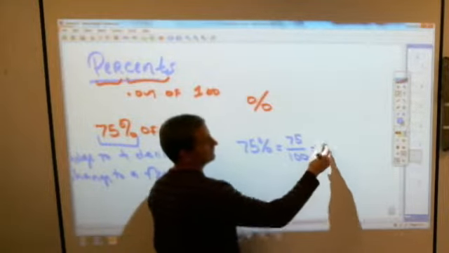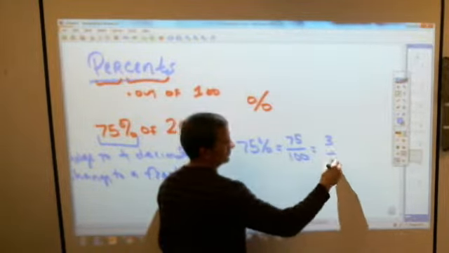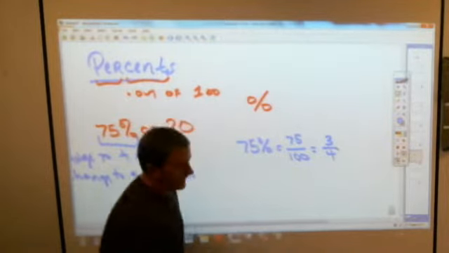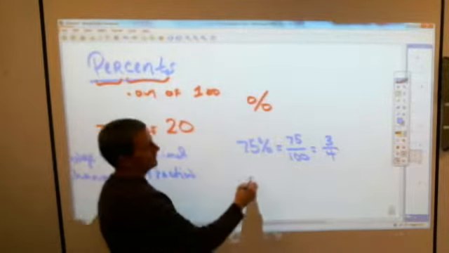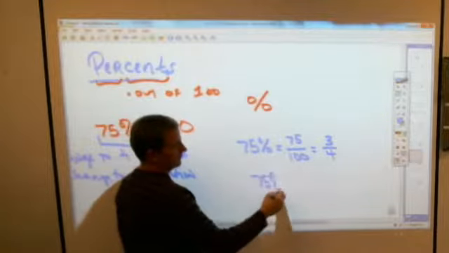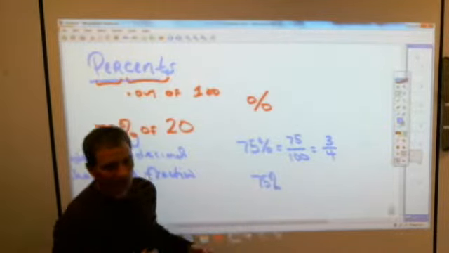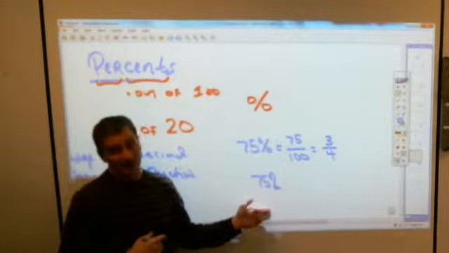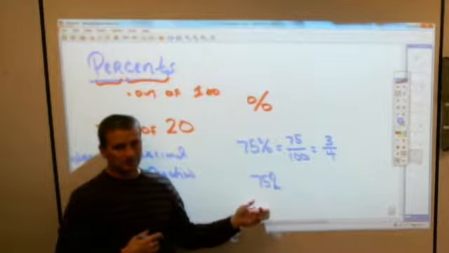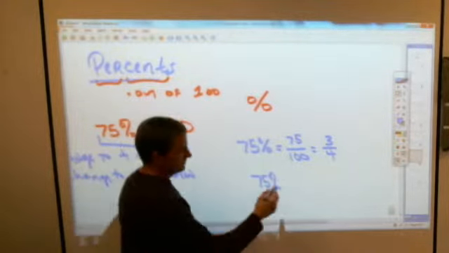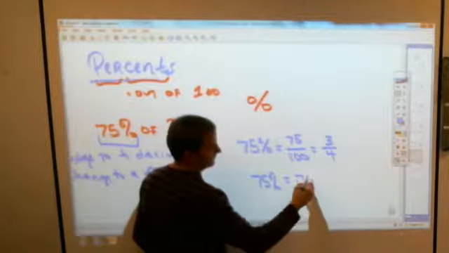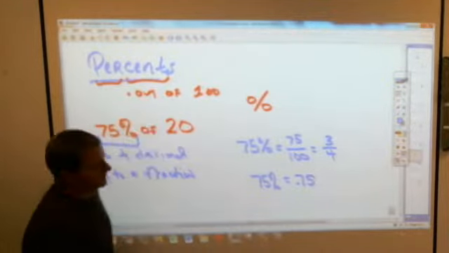Reduced, it is 3/4. We all pretty much know that that's a common one. As a decimal, look at how nice this is too. How do you write 75 hundredths as a decimal? Trevor? 0.75. Okay, 0.75.